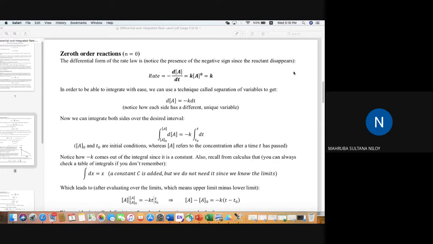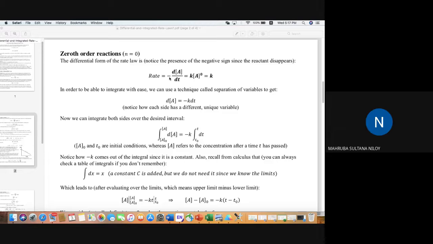Okay, sure. So for rate, we know that the concentration changes over time, right? So the concentration of the reactant decreases over a period of time. That is the reaction rate, right? Yes. And as the concentration of the reactant decreases over time, that's why we put a minus sign here, okay?